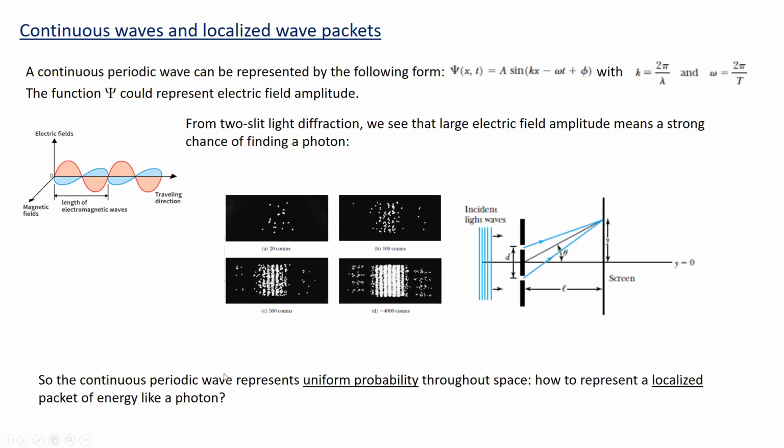A continuous periodic wave would represent uniform probability through space, since the electric field magnitude would continue on and on, and so there'd be a chance of finding a photon anywhere. But how would we represent a localized packet of energy, like a photon?